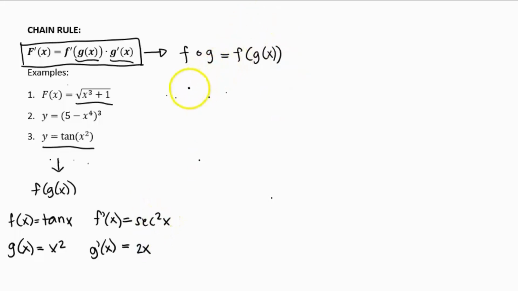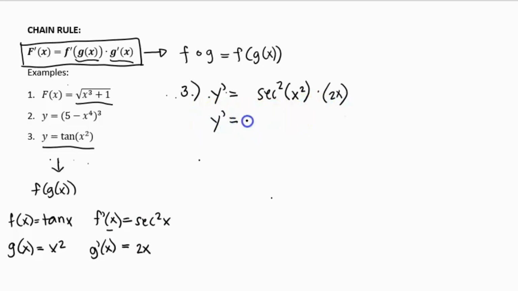Therefore, for number 3, y prime, using the chain rule formula, we have the derivative f prime, so that is secant squared. Then copy g of x, so that is x squared. Then multiplied by the derivative g prime, so that is 2x. Let's simplify this one.